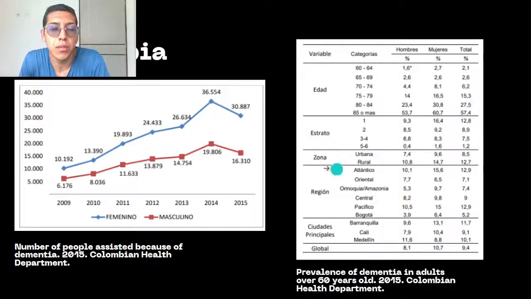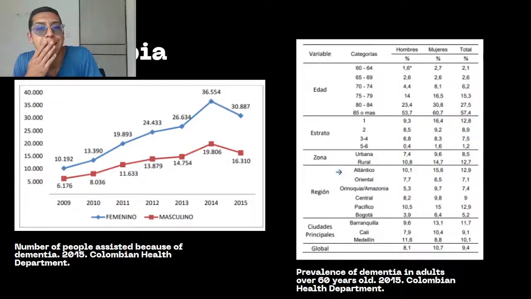The second and third parts tell us that the lower the status, the more risk of developing Alzheimer's is presented. That is maybe correlated with nutritional factors or something like that.